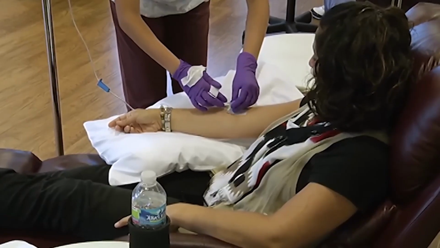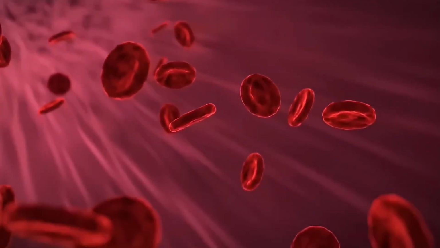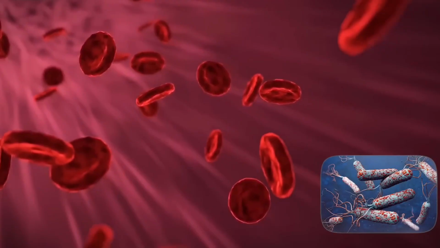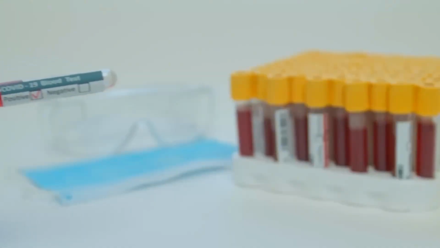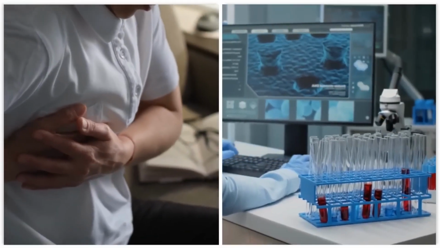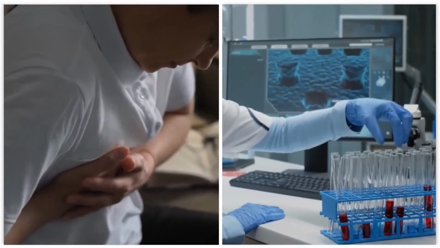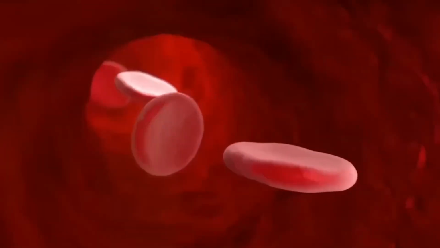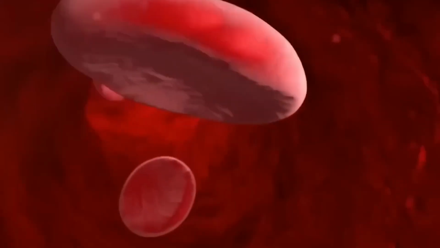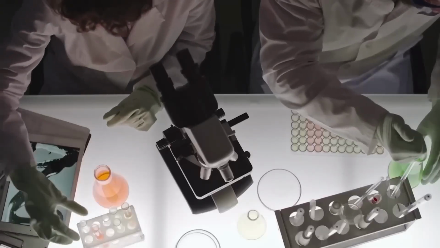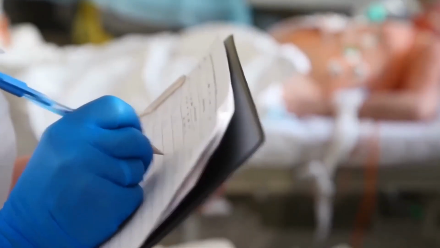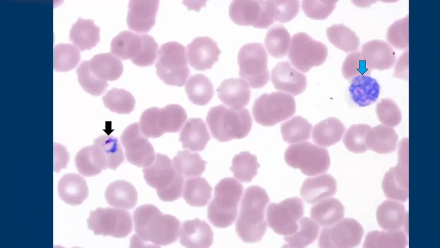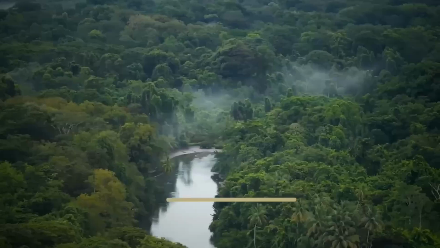People with type O, who simply don't have those same attachment points, are much harder to target. Research has demonstrated that individuals with type O are considerably less likely to experience the most dangerous complications tied to malaria, including cerebral malaria. That might help explain why type O appears so frequently across Africa and other regions where malaria has historically been widespread. Put simply, O may have kept people alive when survival was on the line.